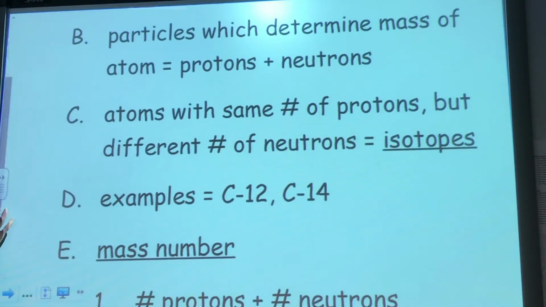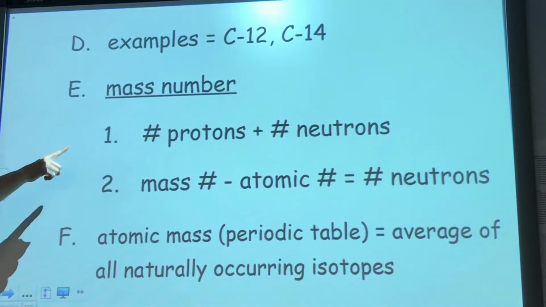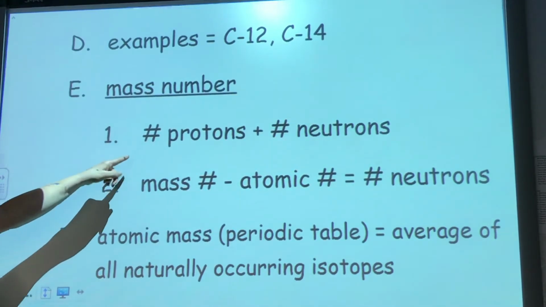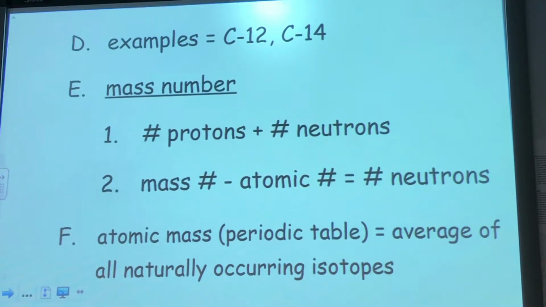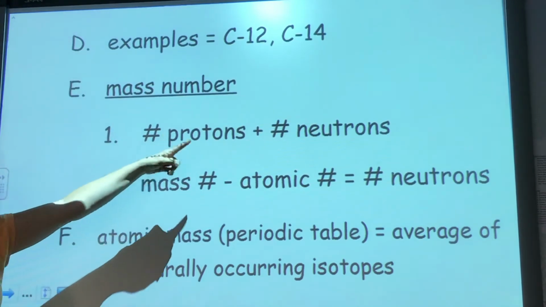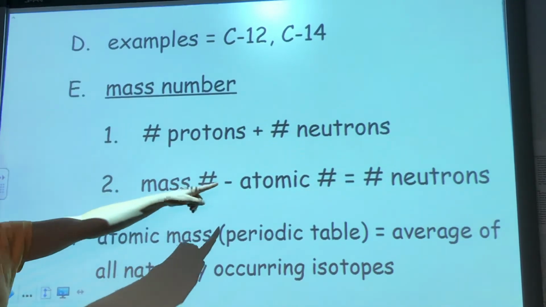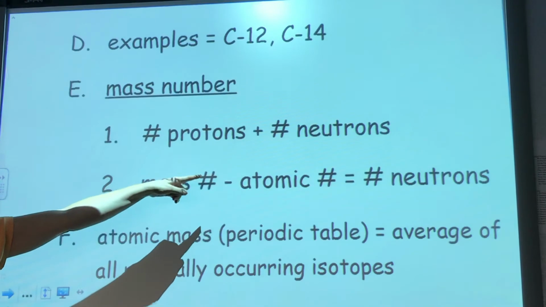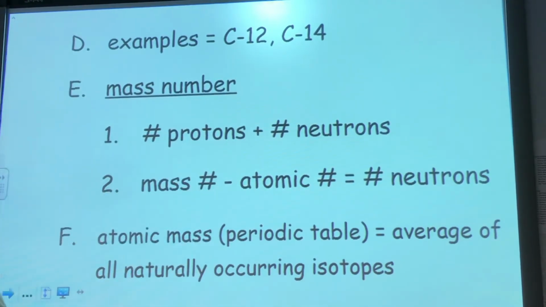And that brings us to this discussion of what is mass number. Mass number is the number of protons plus the number of neutrons. Again, those two particles are the only ones that add mass to our atom. So using this little equation, if we take the mass number and subtract the atomic number, the whole number at the top of the block of the periodic table, that will give us the number of neutrons.